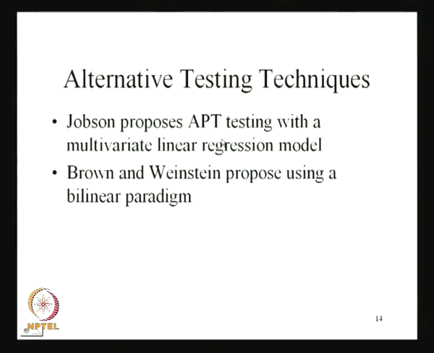Jobson proposes another technique, which is APT testing with a multivariate linear regression model. Brown and Weinstein propose using a bilinear paradigm. But more or less, if you want to say something about the advancement of APT, it is the multi-factor pricing model, which talks about the different factors which play the key role in the expected return of a stock in a particular framework.